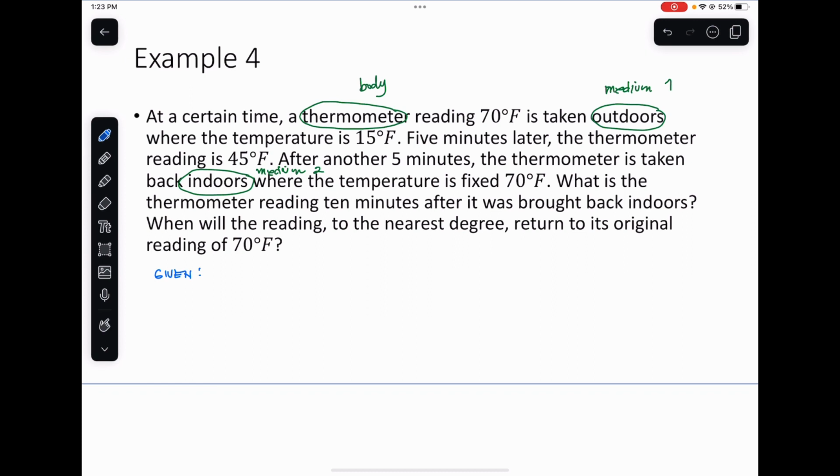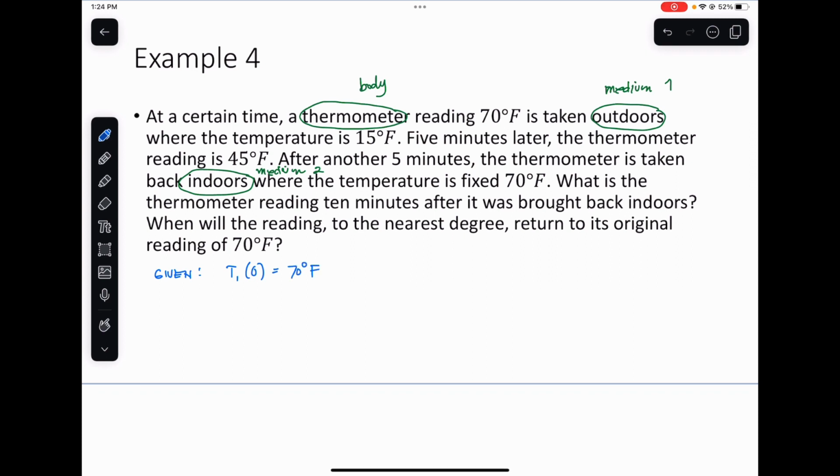So for our given, initially, for medium 1, although our body is just the same, the temperature of the body I would write as T1, the temperature of the body outdoors. So initially the temperature of the thermometer is 70 degrees Fahrenheit.